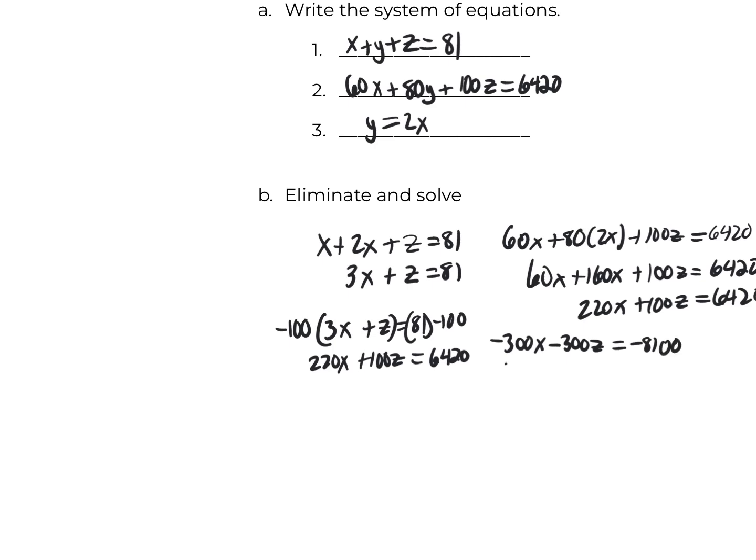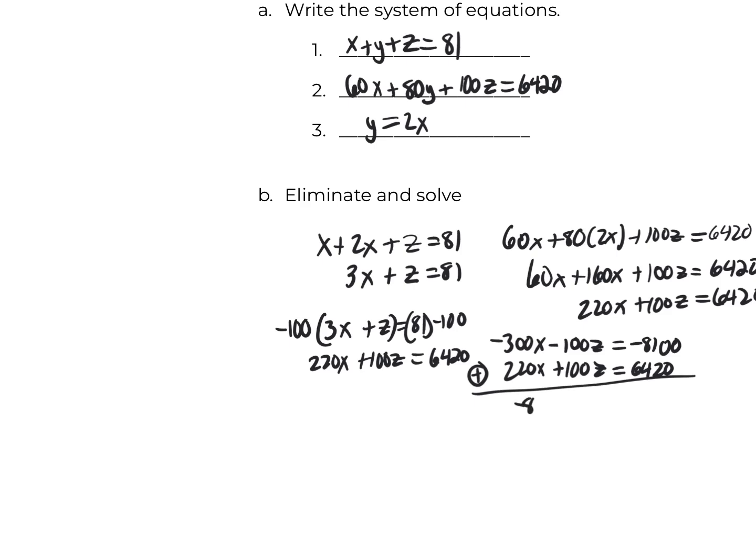And then here, we're just rewriting 220x plus, why did I write negative 300? I don't want negative 300, I want negative 100. Sorry about that. So plus 100z equals 6420. So now we're ready to combine these.